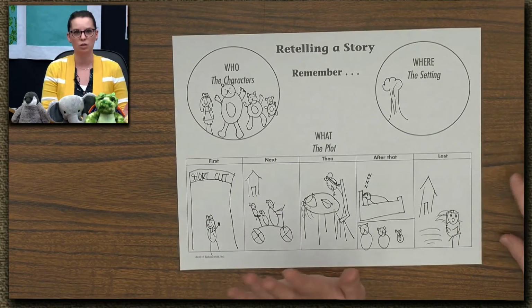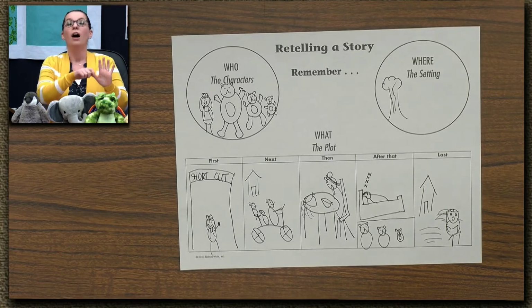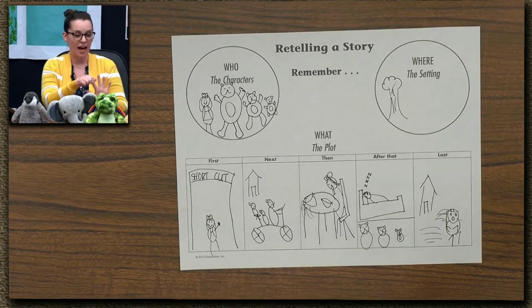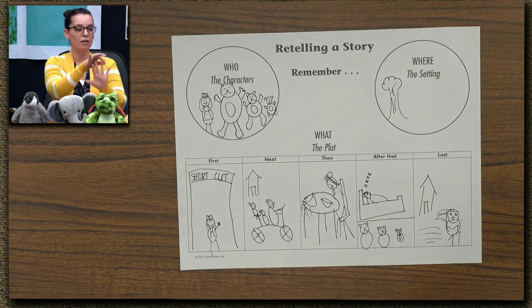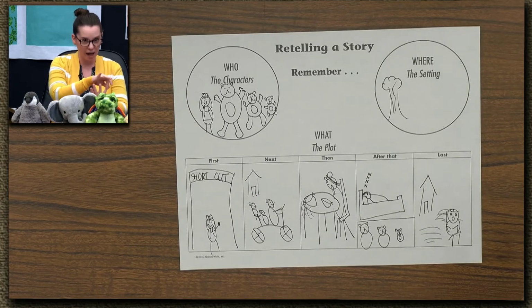Oh, let's review the story elements. We must review that. Do you remember the chant that Mrs. Mays taught us? Let's do it together. This is what all fiction texts have in common. They have character, setting, beginning, middle, end. Do it again. Character, setting, beginning, middle, end.